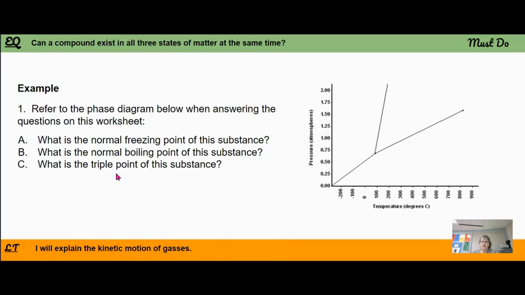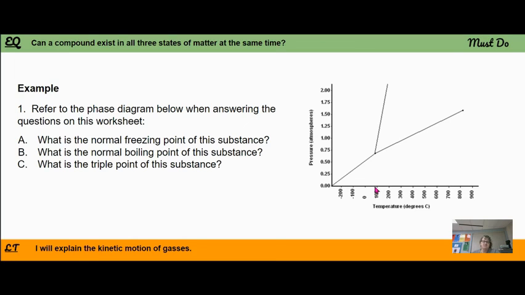What is the triple point of this substance? So the triple point, remember, is where all of these lines converge, right? So it'd be right at that point. And so if I follow that point over, the pressure is 0.75 and the temperature is just below 100.